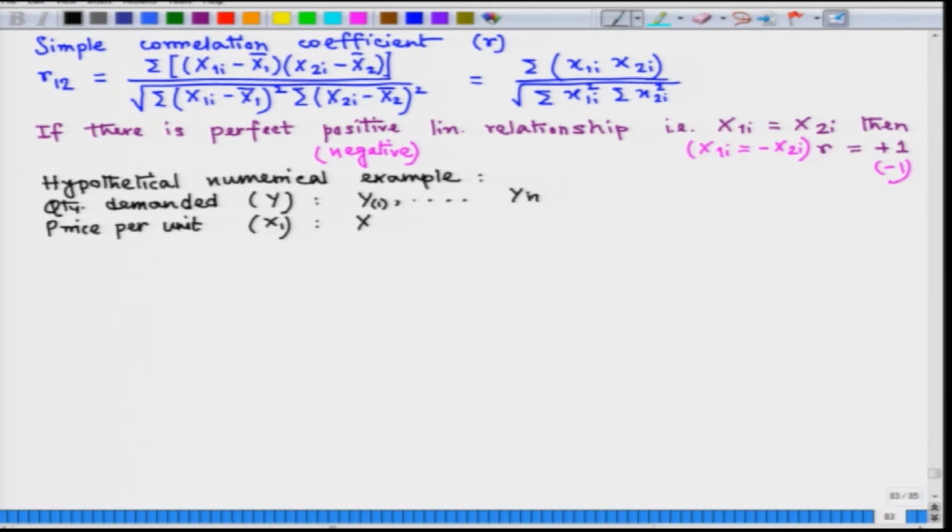So, 1 n, okay, and we have another explanatory variable which is per capita income of the household.